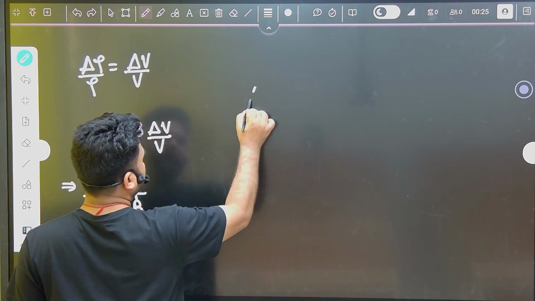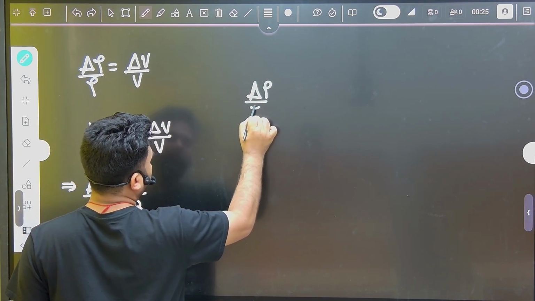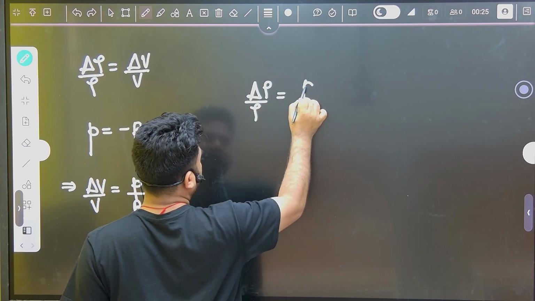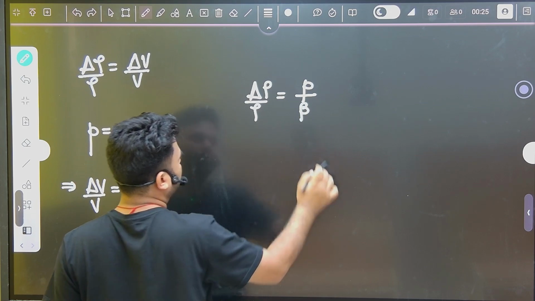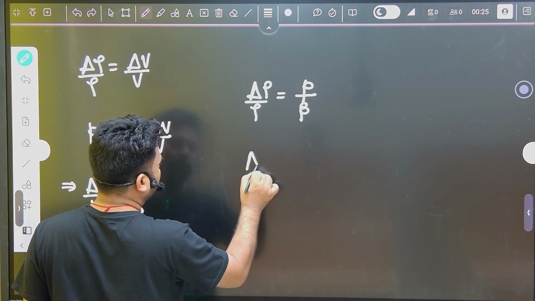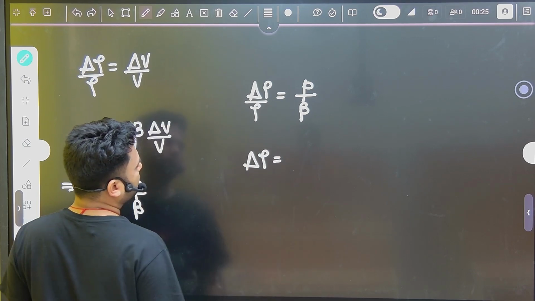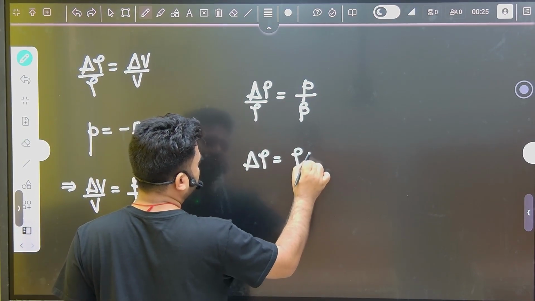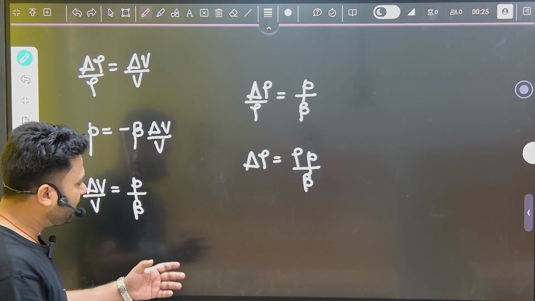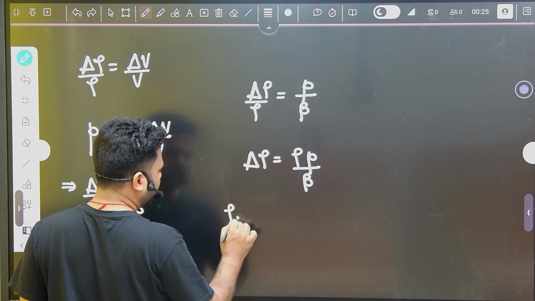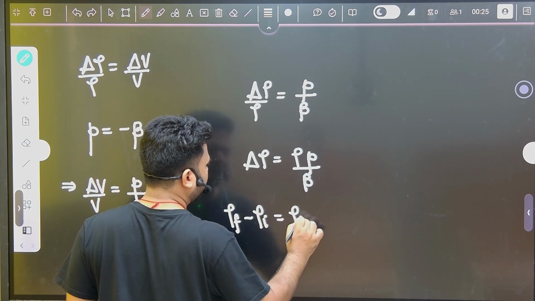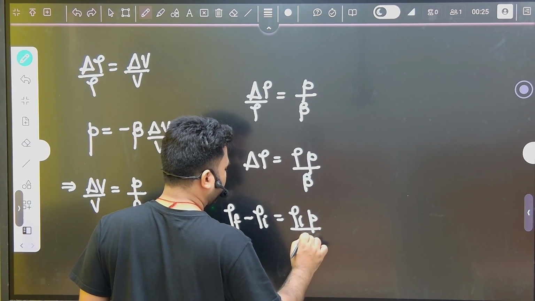So here delta rho by rho equals pressure divided by bulk modulus. So delta rho equals rho multiplied by pressure divided by bulk modulus. Delta rho means final density minus initial density equals initial density times pressure divided by bulk modulus.